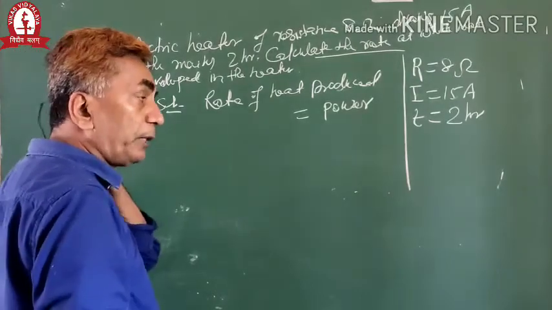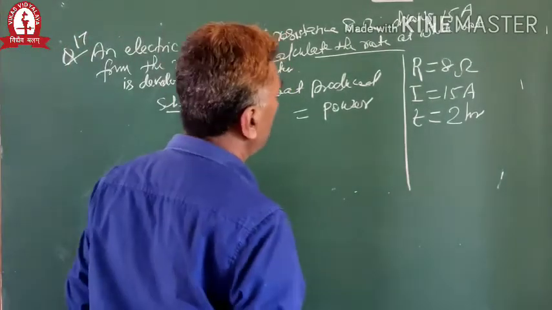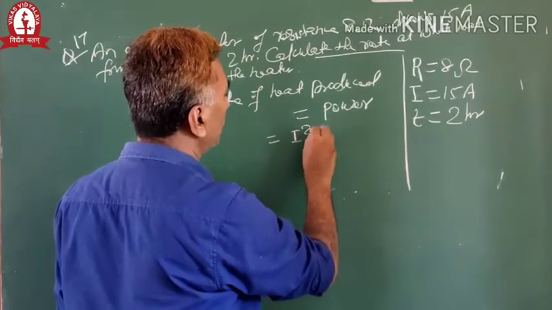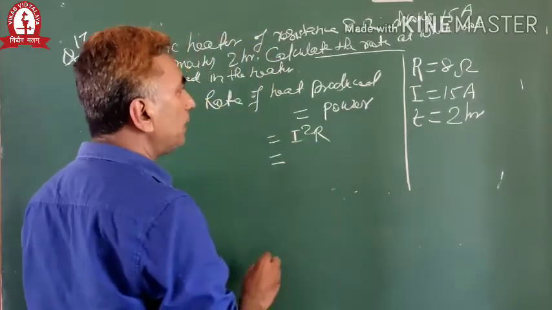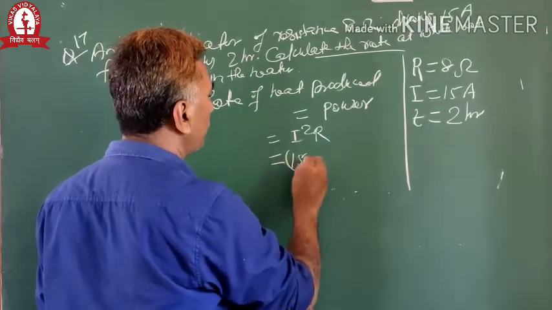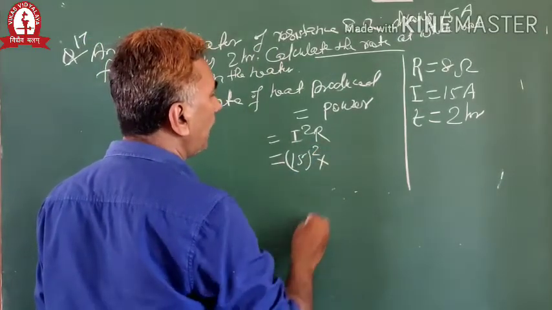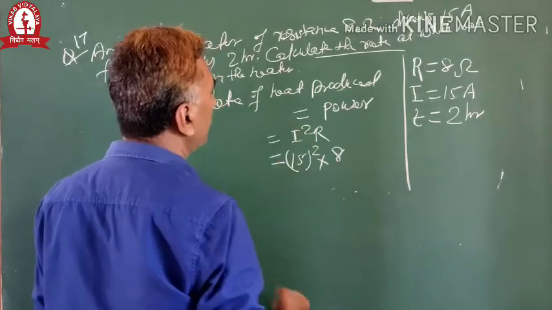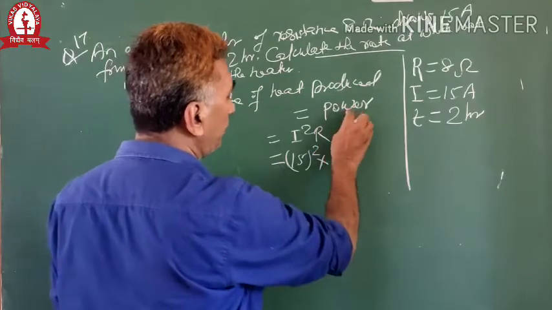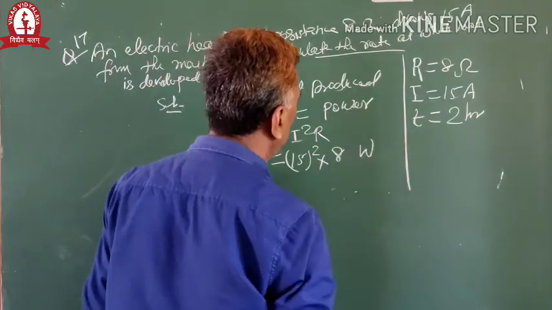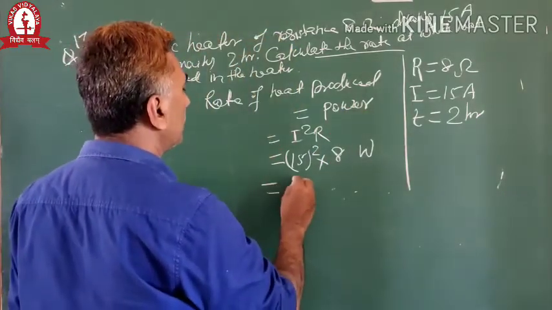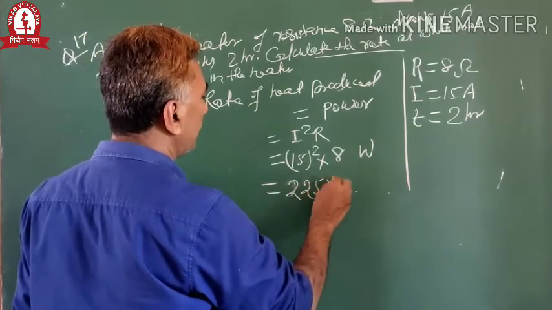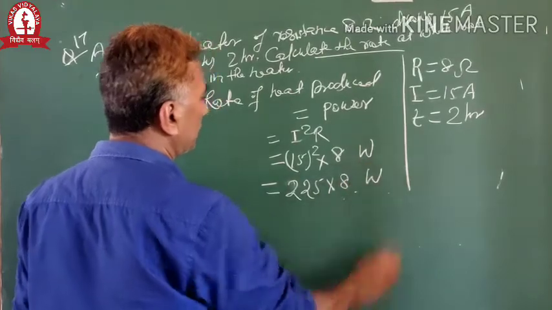Now I have to calculate power, and for the power we know the formula I square R. Then for I, 15 whole square multiplied by R is 8, because this is the heat produced per second, so this much watt. Now 225 into 8 watt.